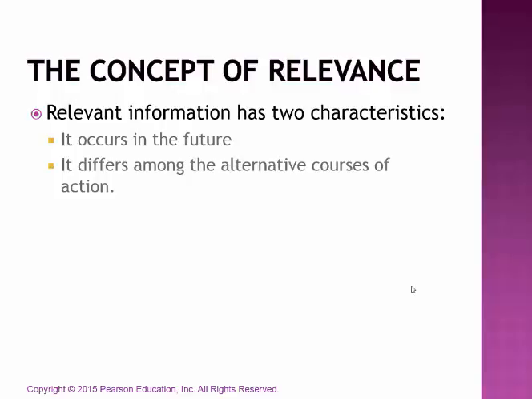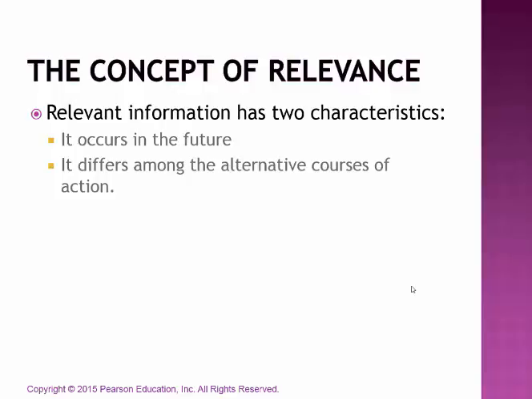If we accept it, we would get an additional $100,000, which would be revenues of $600,000 total. There is a difference between the alternatives of $100,000. So we're going to consider both: revenues of $500,000 versus revenues of $600,000.